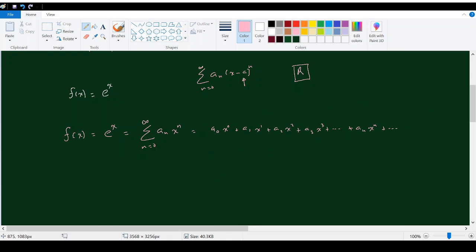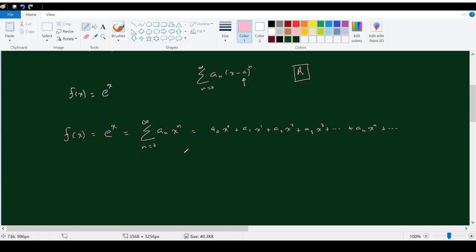So to begin with, if you write down these terms, you can realize that this is just a matter of finding the coefficients of these x^n terms, right?